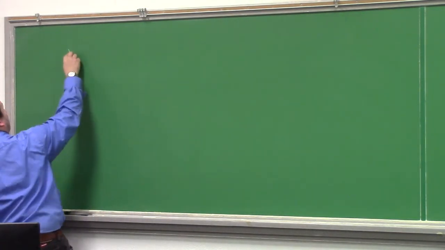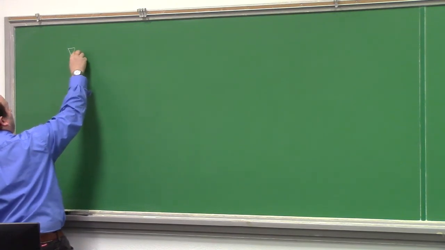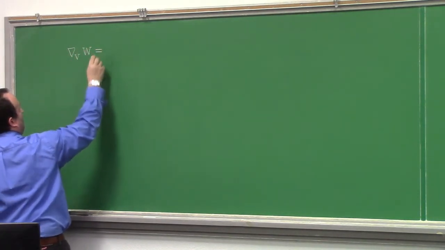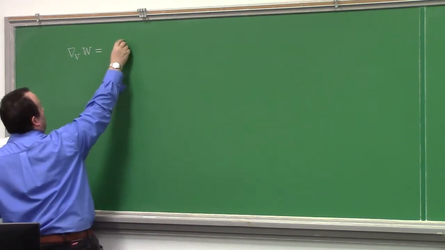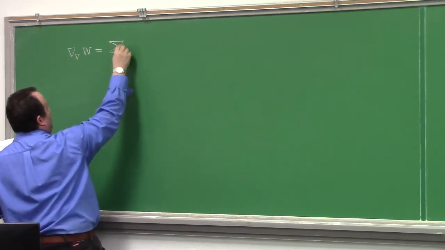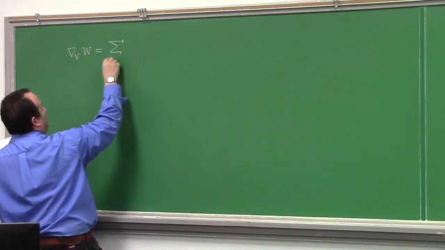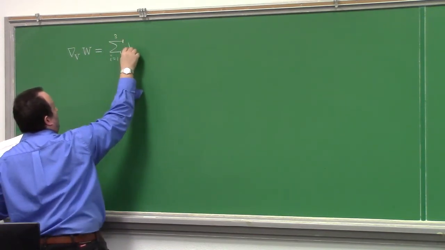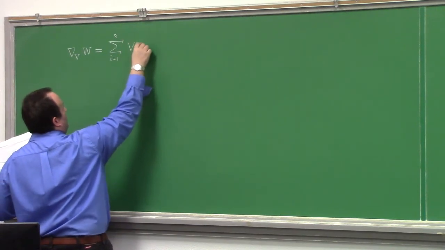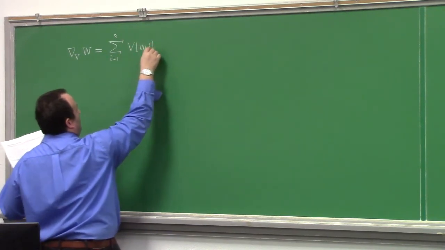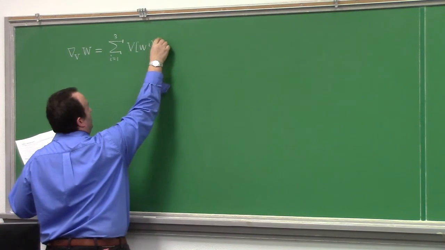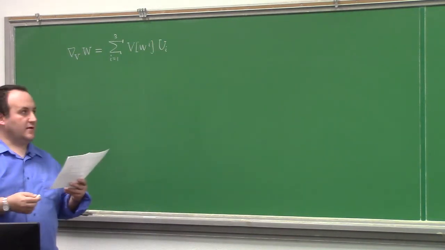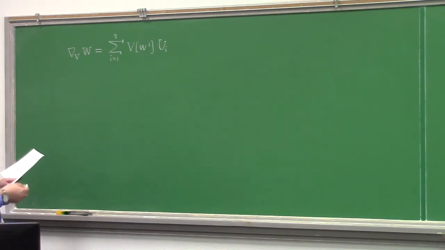If I have the covariant derivative of v in the w direction, then we said that was the sum, I equals 1 to 3, of v of w_i times u_i. This was not the definition, but it was a nice formula, and a very helpful one.